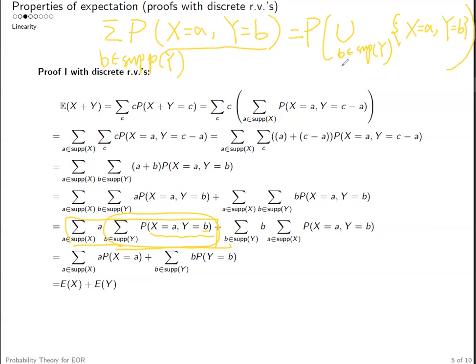But given here we're gonna go through all different choices of B, right? Let's rewrite this union a little bit.